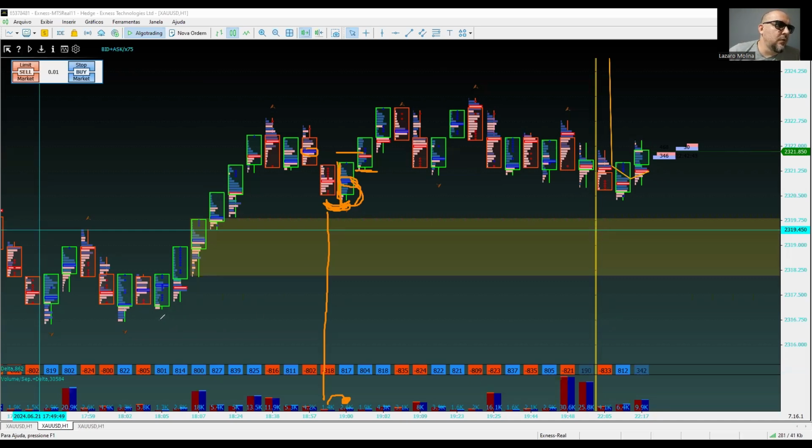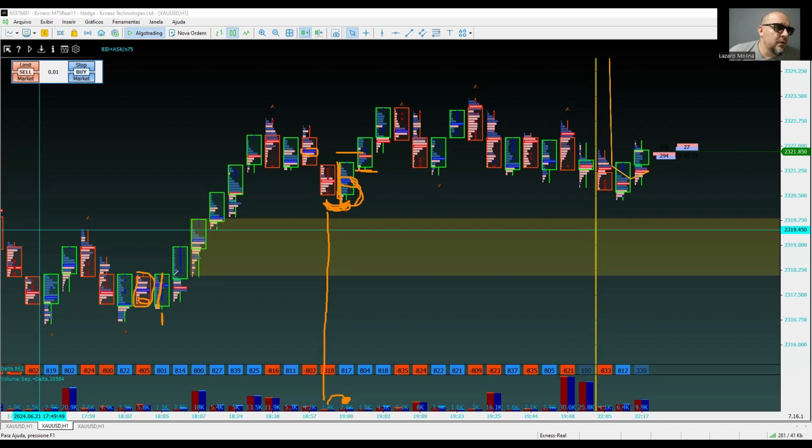I think this point here was another opportunity, because this cluster came down with imbalances, and this one grows up with many imbalances too.